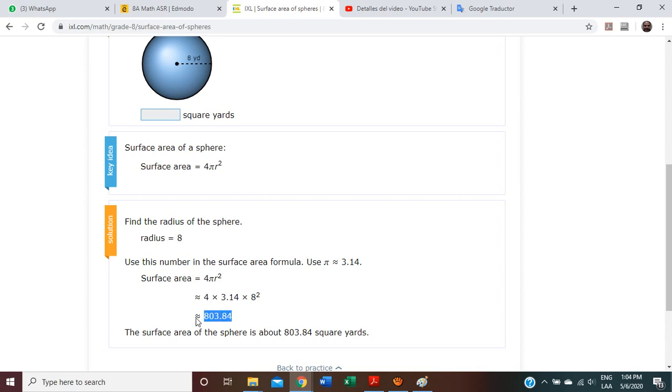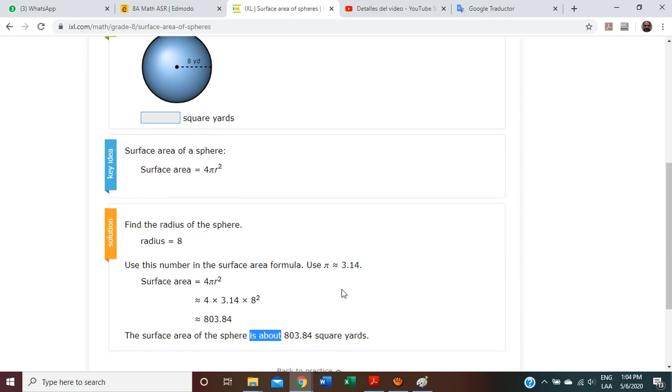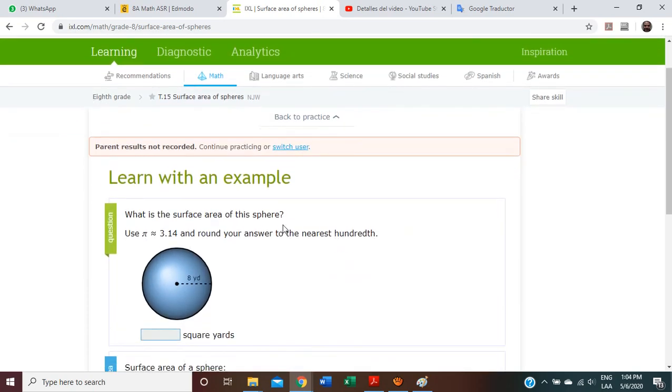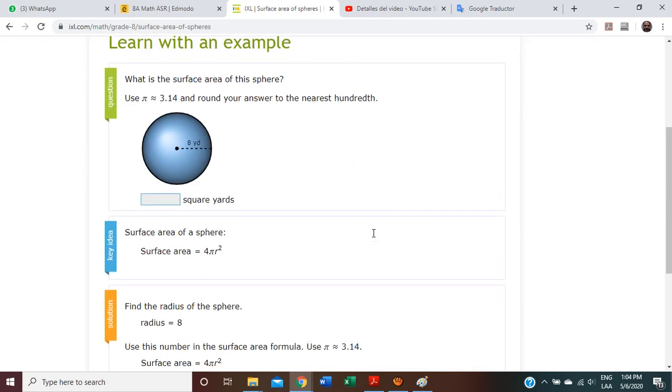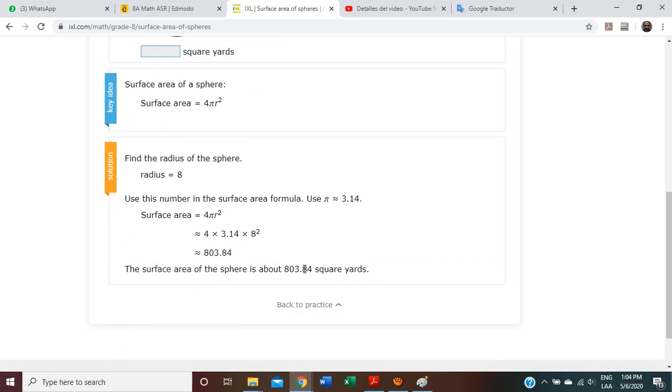Again, we get this symbol because it is an approximate result. It says that it is about 803.84. It asks you to answer to the nearest hundredth. The nearest hundredth means that we are going to use only 2 digits after the decimal point.